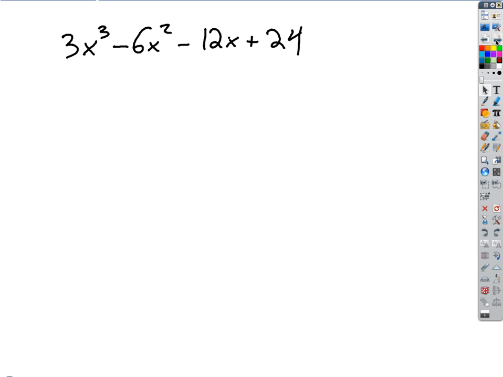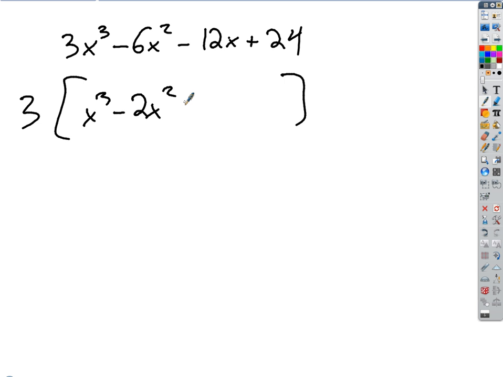Okay, I could factor a 3 out in this case, right? I could factor out a greatest common factor, which would be a 3. I could undistribute a 3. If I undistribute a 3 from each of those 4 terms, what am I left with? First term would be what? X cubed, right? Because 3 times x cubed is 3x cubed. Second one would be what?